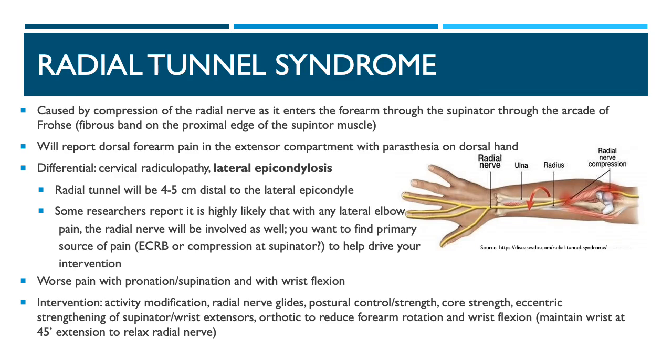For a lot of researchers, as they're looking at lateral elbow pain, it's very likely that with lateral epicondylosis, the primary source of pain is the ECRB, but the radial nerve runs right through there too. So you might have a little bit of spillover with lateral elbow pain into radial tunnel syndrome, but you want to find the source of all of the dysfunction and the problem. Radial tunnel syndrome typically gets worse with pronation and supination and with wrist flexion.